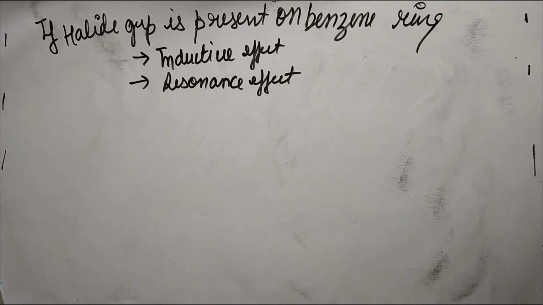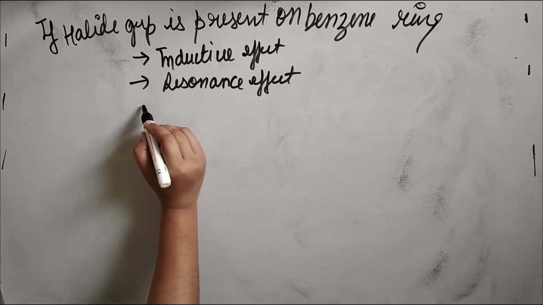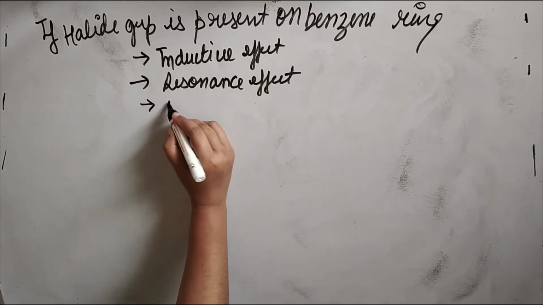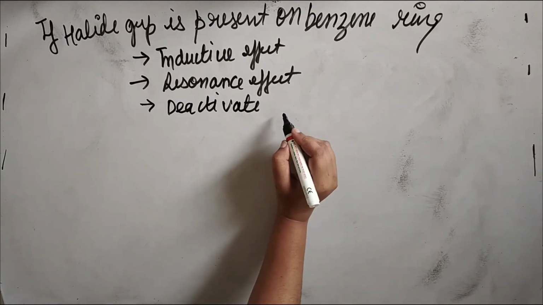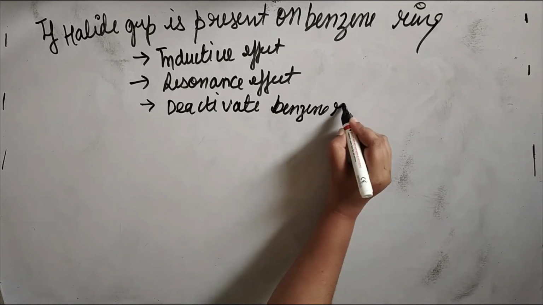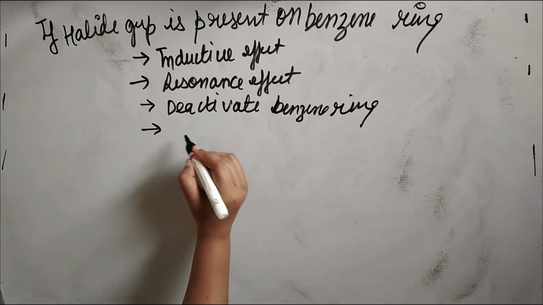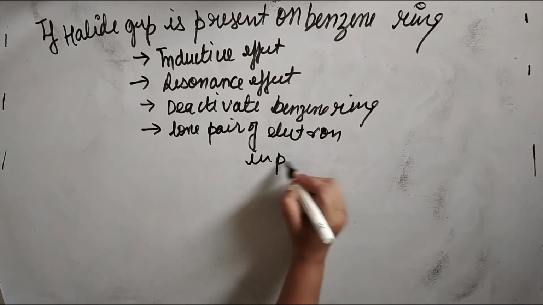Because of the unshared electrons, or lone pair of electrons, present in the p orbital, they are ortho para directing. Although these halide groups have an inductive effect and will deactivate the benzene ring because of their electron withdrawing tendency, they have a lone pair of electrons in the p orbital.